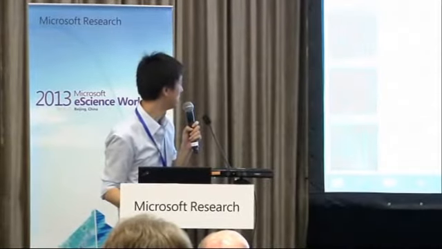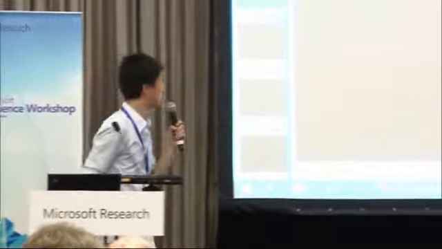Find the one named skeleton basics. Click run it. Nothing happened because there's no skeleton in front of the sensor. Let me see. Here is mine. See, it's 20 joints. All joints we can get.